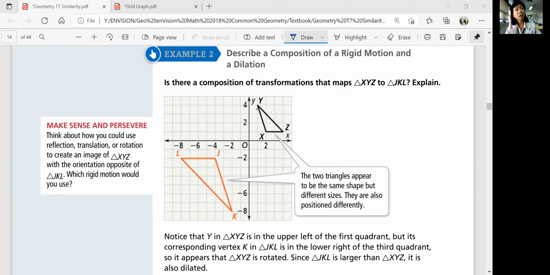If it's a reflection, then you probably have similar positions, but your point K should be facing upwards if you have a reflection on the y-axis. If you have a reflection on the x-axis, it should be on the lower left. If you do a dilation and maybe translation, right? So it must be a rotation.